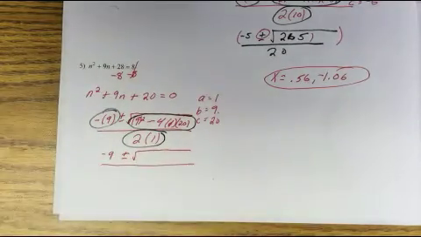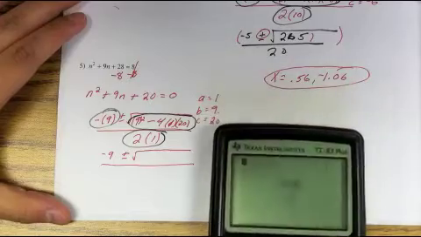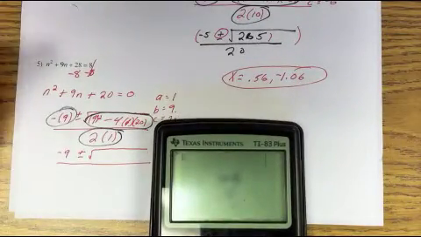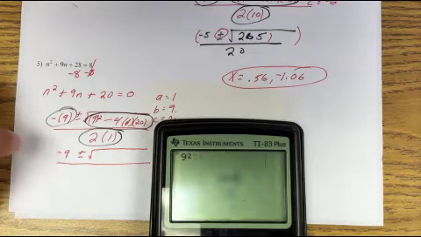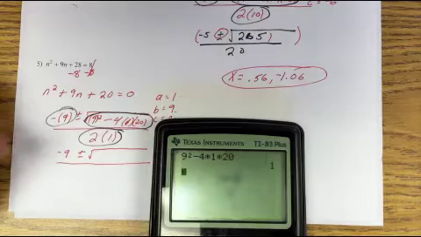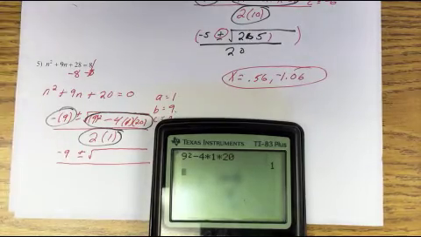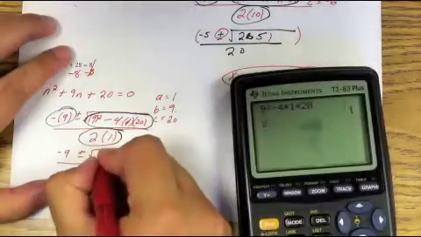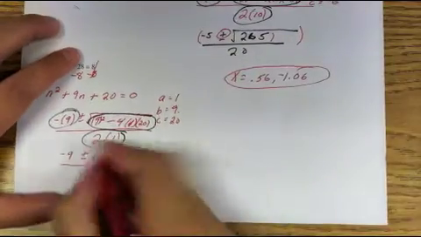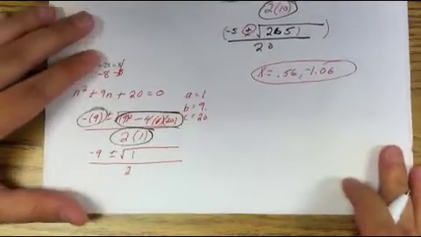Let's go ahead and type this into our calculator. We're going to type in 9 squared minus 4 times 1 times 20. And we're going to get 1, so that's kind of nice. So the square root of 1. 2 times 1 is 2, so everything's cleaned up.